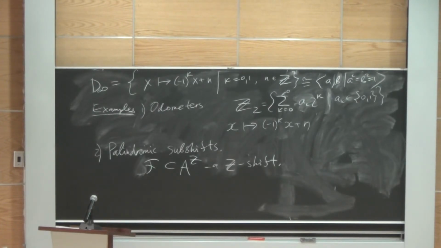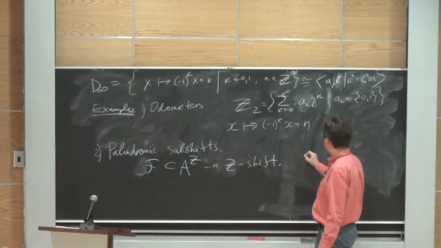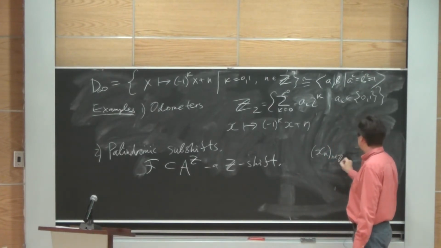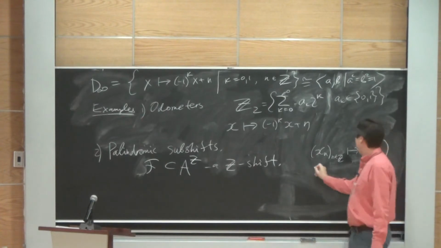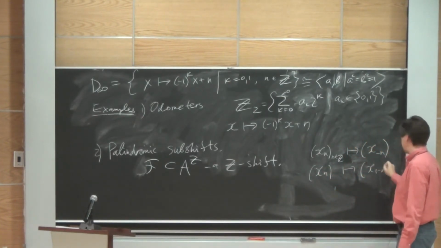So if the shift is palindromic, then it's invariant under the flip. So if you have any infinite sequence, if you flip it, you will get again a sequence in this shift. So you can take the maps which take a sequence x_n, n in Z, and transform it to the sequence x_{-n}. And you can take the sequence x_n and map it to x_{1-n}.